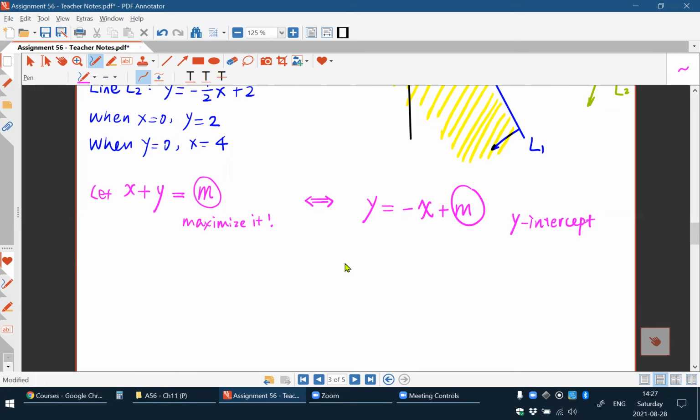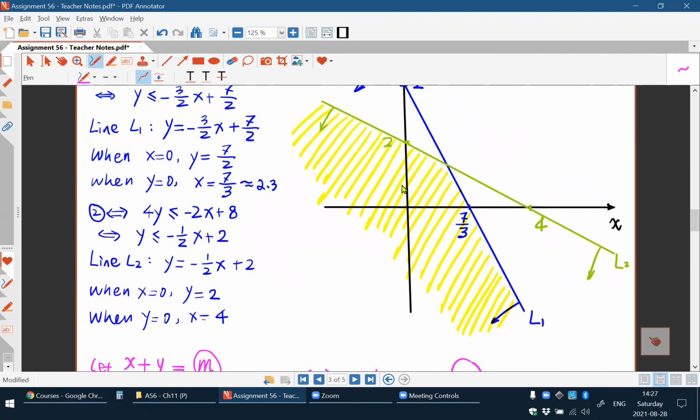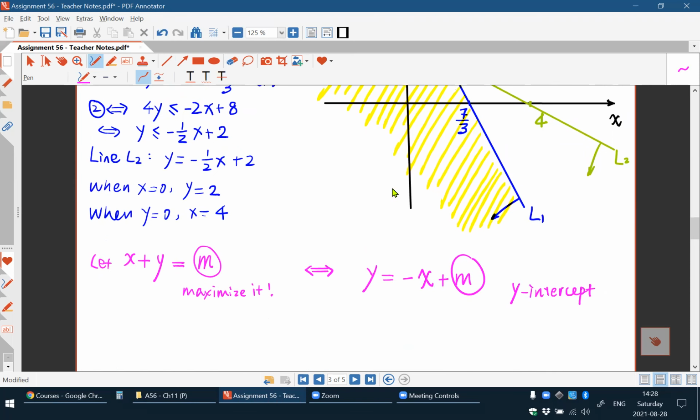The problem is that while keeping this line crossing this region, to what extent can m be in order to maximize it?